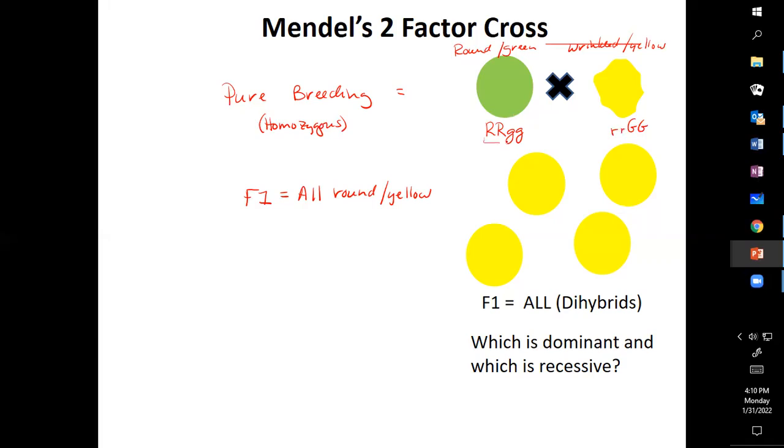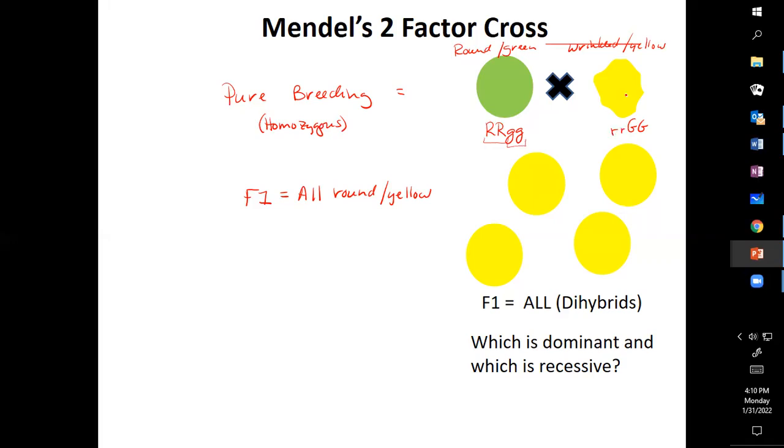So if we look at these genes, we've got the R gene and we've got the G gene, the shape gene and the color gene. Notice that this individual is homozygous for the round and homozygous for the green. This is still pure or true breeding because all of the offspring of a self-cross would result in round and green seeds.